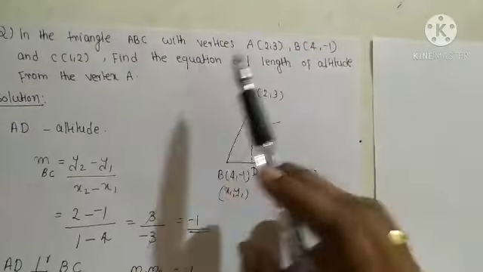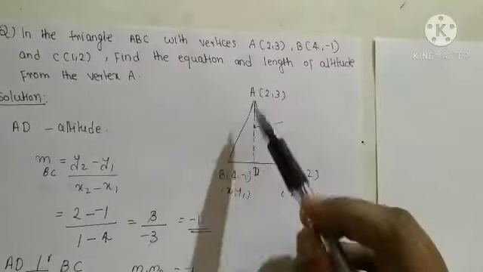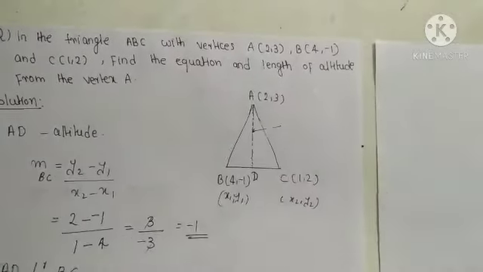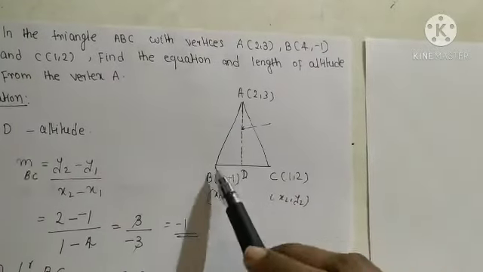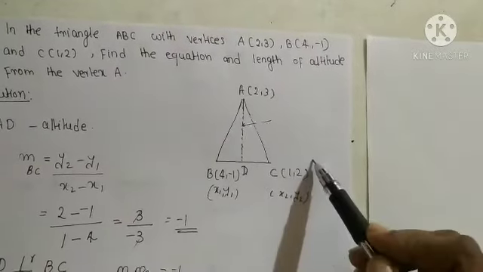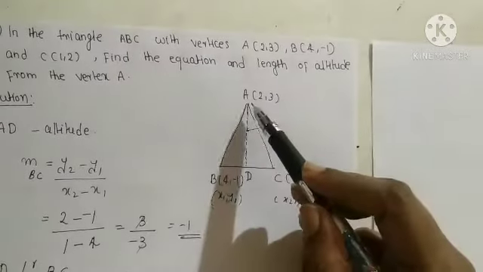Next we need to find the length of this altitude AD. For that we need two things: one is the equation of this line BC, and one point.